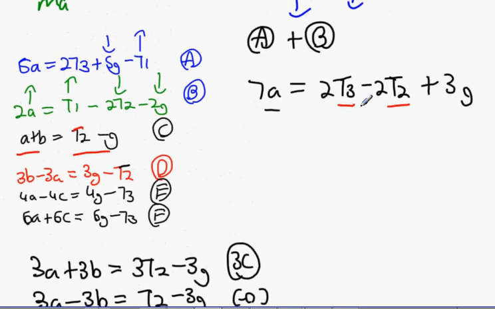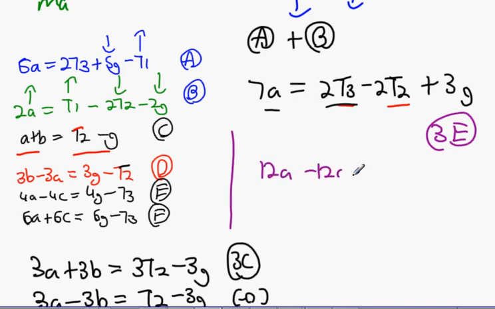Likewise, I'm trying to get rid of T3. And when I look at T3, I want to not use C's if possible. So to not use C's, I'm going to multiply equation E by 3. So to get 3E, I'm going to get 12A minus 12C equals 12G minus 3T3.